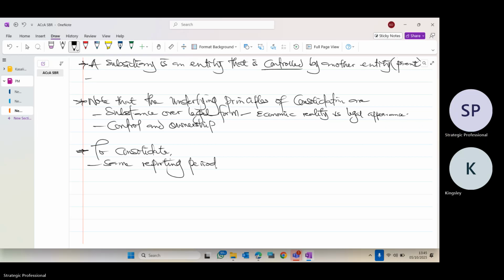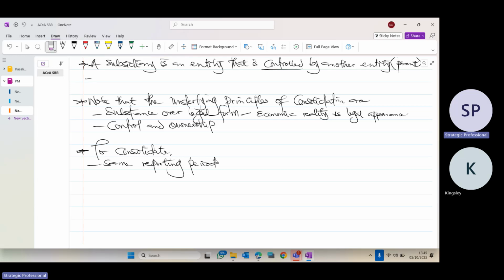Okay? The two companies must have the same accounting period. One cannot be using August and another one will be using January. It doesn't jive. Both of them have to use the same accounting policy. So they must use the same accounting policy.